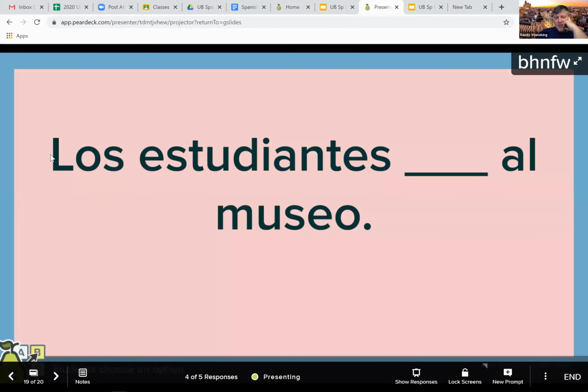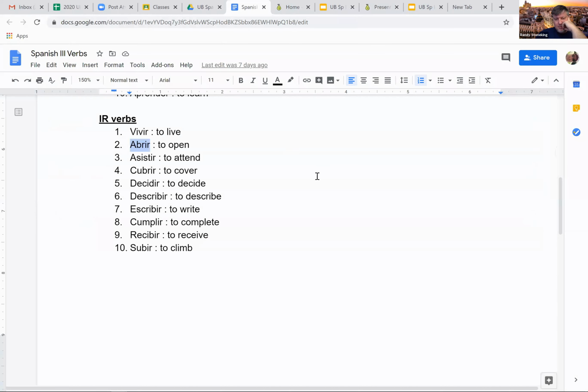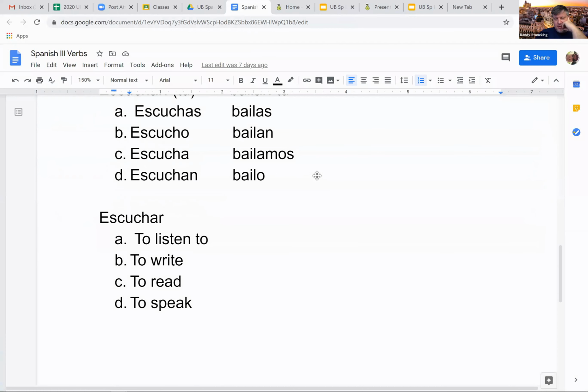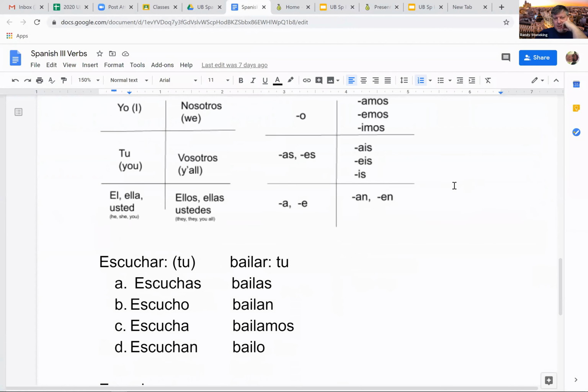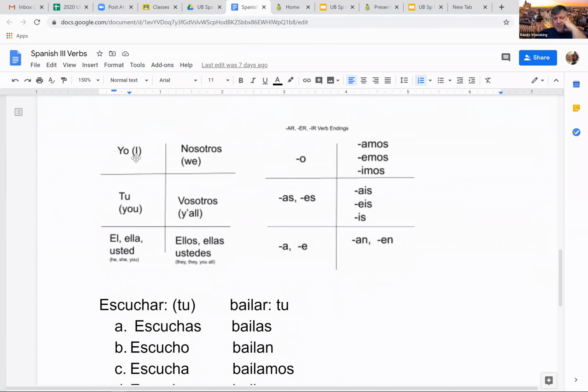Los estudiantes means the students, right? So if we look at our endings to go with los estudiantes, again, is los estudiantes I? Is it you? Is it we? Is it he or she? Is it we? Is it they?